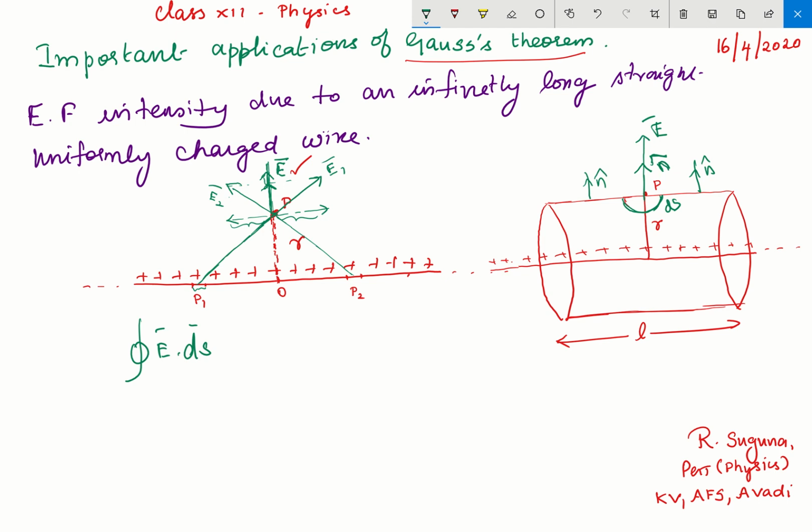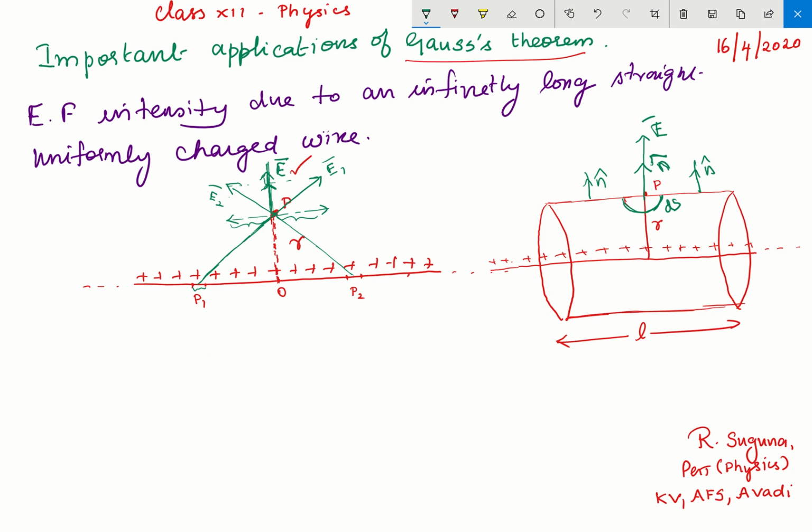Therefore, it is always in the same direction as that of E. Fine. Are you following?